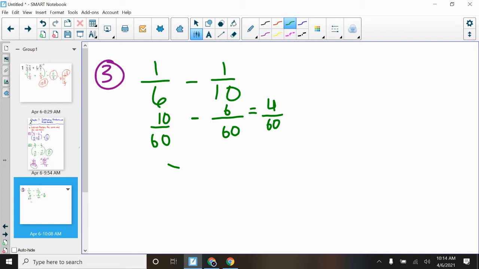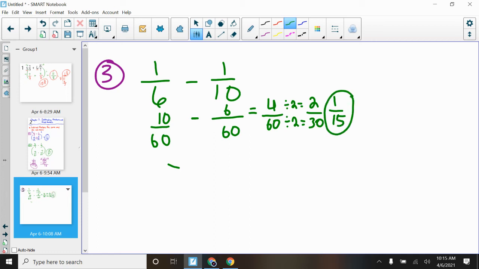So let's divide each of them by 2. And you can do that in your head. But they're both still even, right? So keep on. Perfect. There you go, girl.